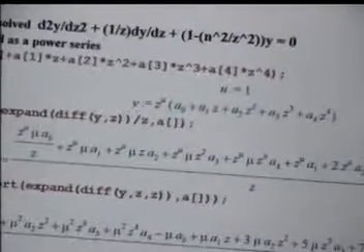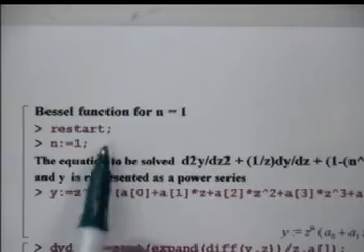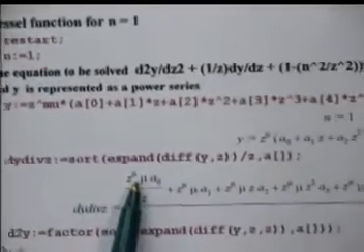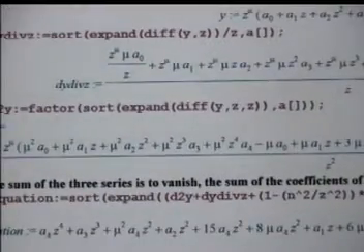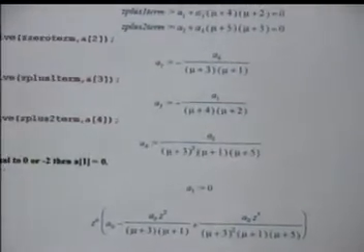I went through the same thing for n equals 1. You just put in n equals 1 in here and go through the whole process again. And when we get done, we have these coefficients.